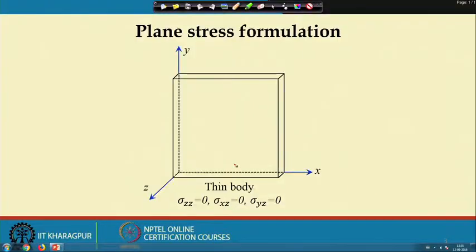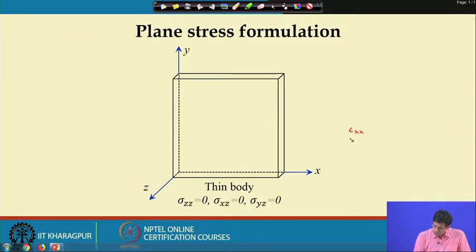So, for the present case sigma zz, sigma xz and sigma yz are 0. Now, corresponding to this, we have also the non-zero strain components, which are epsilon xx, epsilon yy, epsilon xy, and then epsilon zz, because epsilon zz will not be 0 due to the Poisson's effect that we know from our earlier discussion.